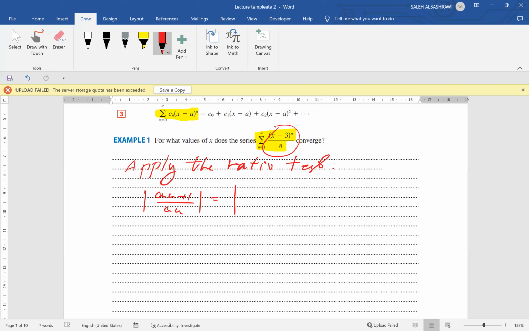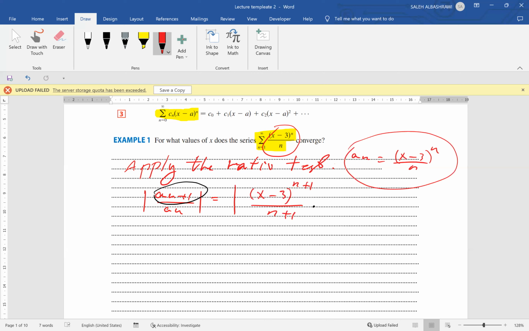So this gives x minus 3 to power n plus 1 divided by n plus 1, divided by a sub n, or we can say multiplied by the reciprocal of a sub n. Again, a sub n is equal to x minus 3 to power n divided by n.